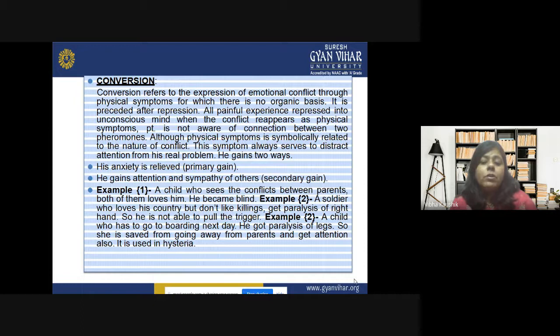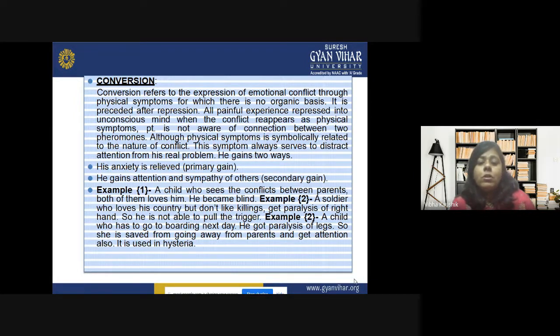Now, an example: a child who sees the conflict between his parents, both of whom love him, becomes blind to the conflict between them.